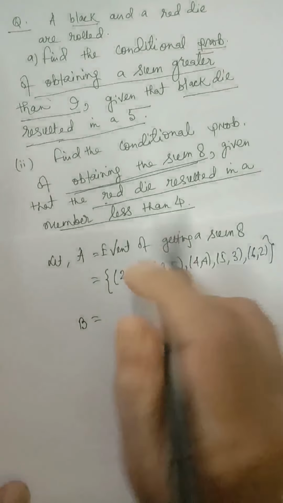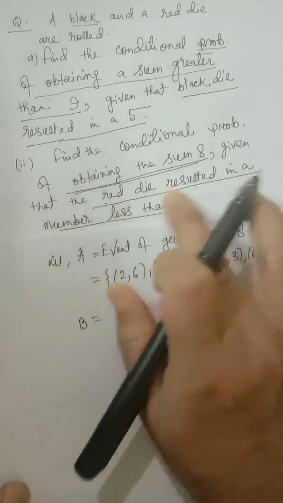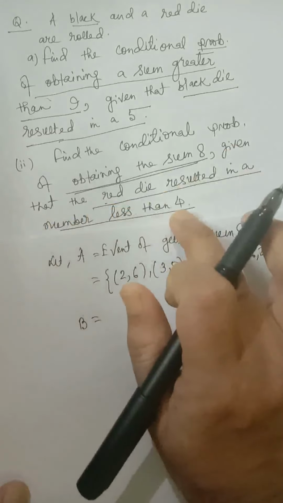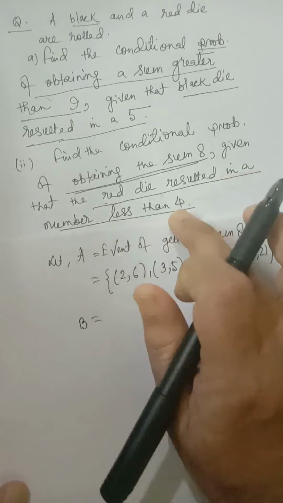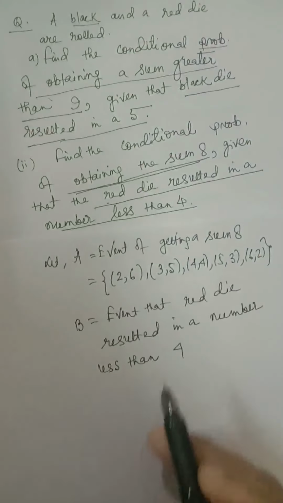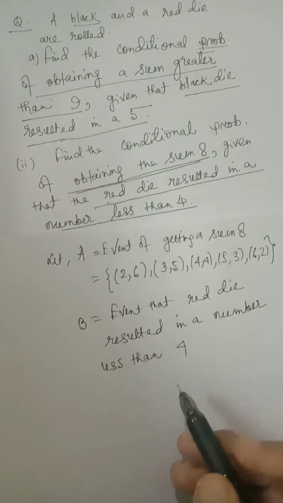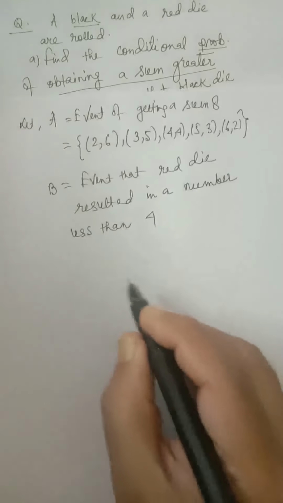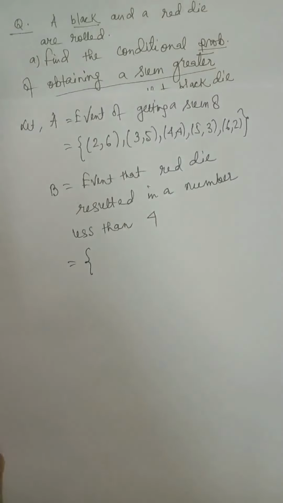Next is B. The second given condition is that the red die resulted in a number less than 4. This has already happened. Red die means second die. So B is the event that the red die resulted in a number less than 4. So we'll write the events where the second die shows a number less than 4.